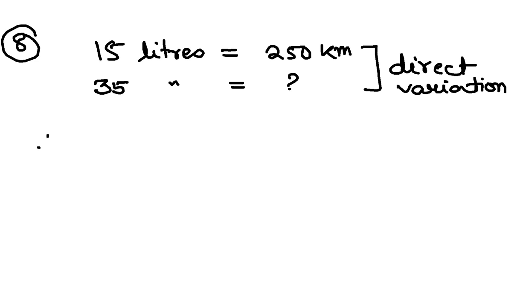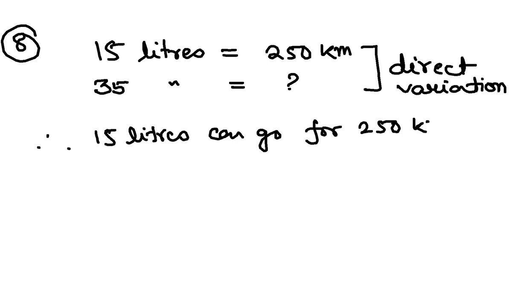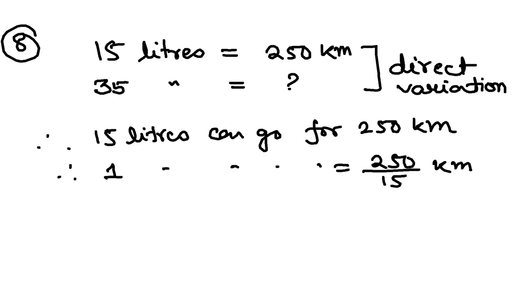So how shall I write the statements now? With 15 liters the car can go for 250 kilometers. So 1 liter can go for more or less? Less, so we have to divide. 250 by 15 kilometers.